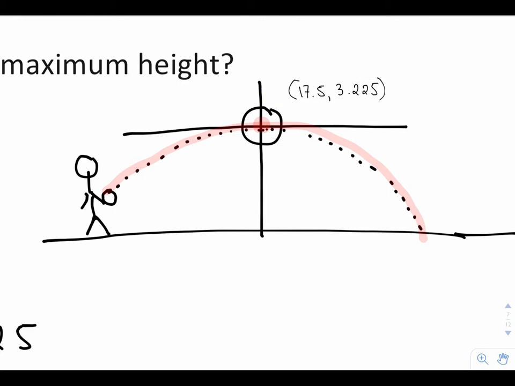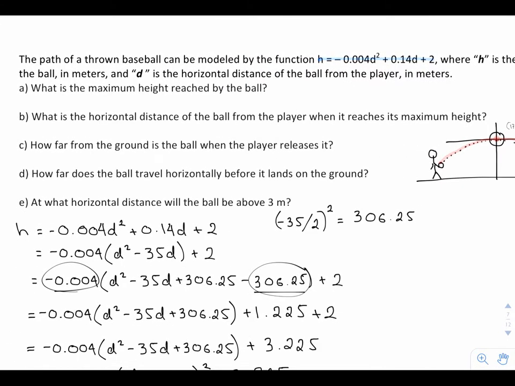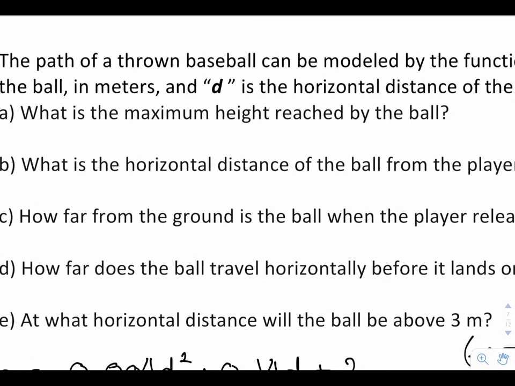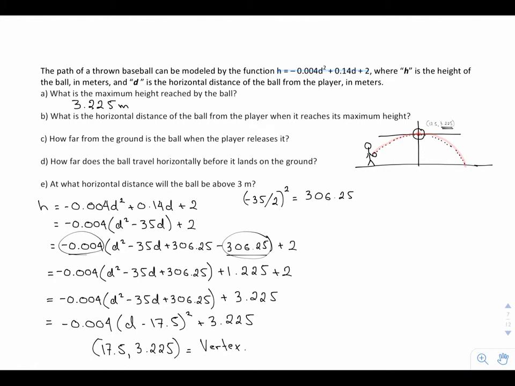The maximum height is the y-coordinate, or 3.225, of my vertex. So to answer part A, what is the maximum height reached by the ball? The maximum height is 3.225 meters.